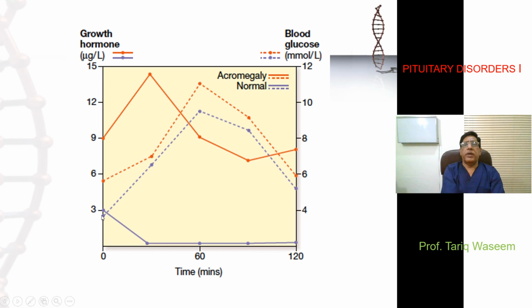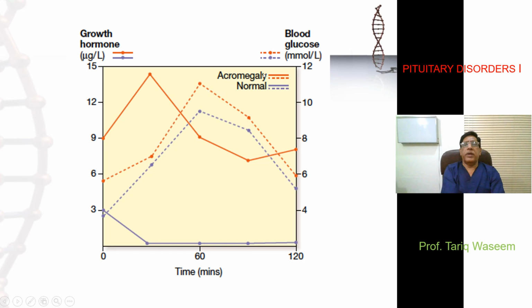After some time, this would lead to an increase in the blood glucose level, and at around 60 to 90 minutes the blood glucose level goes down. And what would happen to the level of growth hormone?